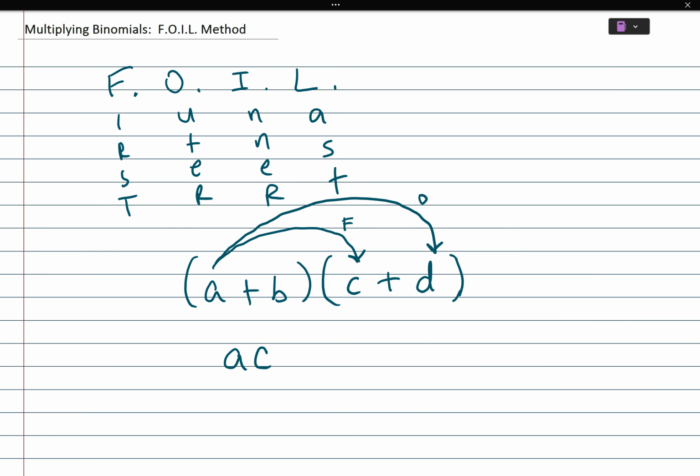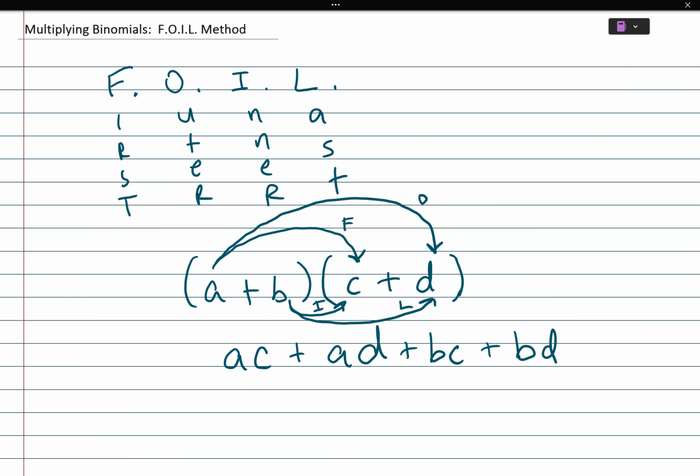That means to do the two outer terms, the A and the D in the binomials. So positive A times positive D is AD. And then we have the inner, the two innermost terms, the B times the C. And then lastly, the L is the last two terms that you haven't multiplied. Positive B times positive D is positive BD.